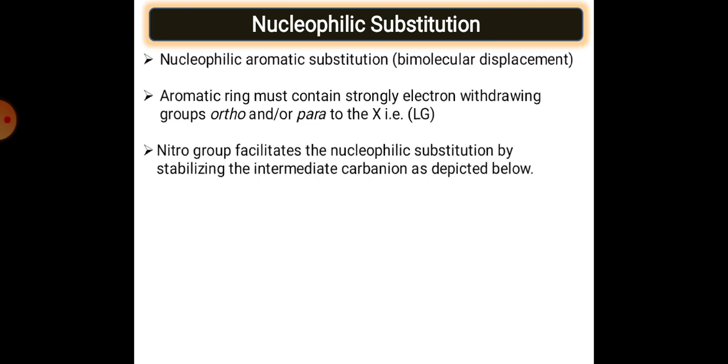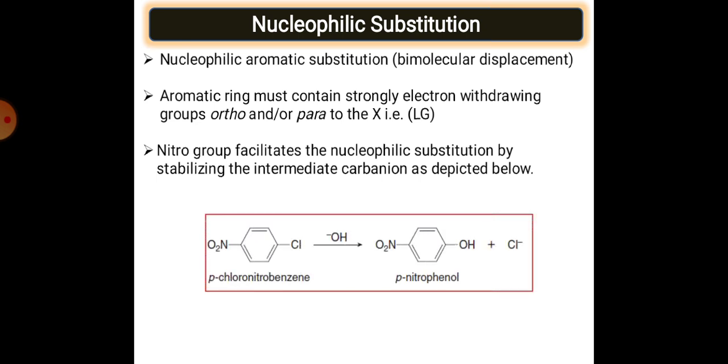The nitro group facilitates the nucleophilic substitution reaction by stabilizing the intermediate carbanion as depicted below. This is an example of para-chloronitrobenzene, where chlorine and NO2 are para to each other. The incoming OH negative ion comes directly toward the carbon where Cl is attached.